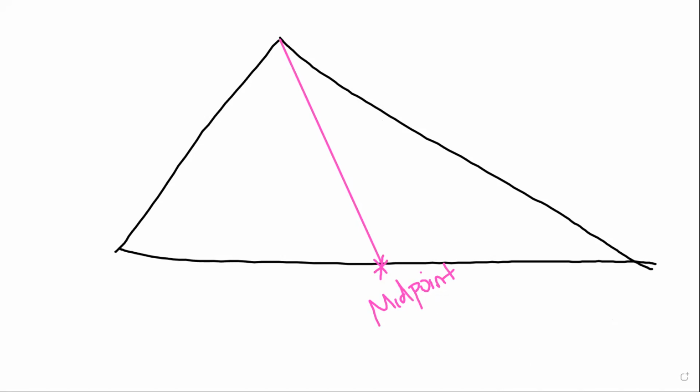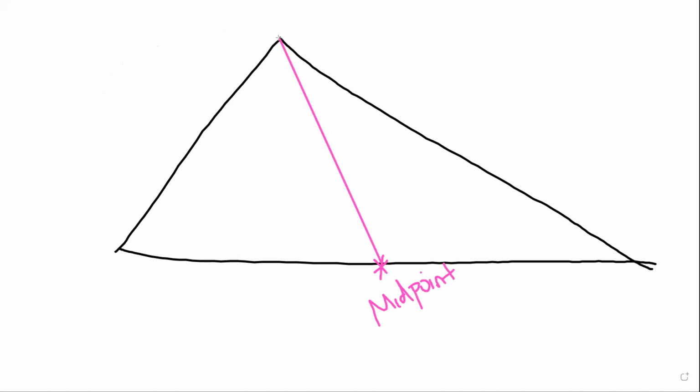Now let's talk about the altitude. The altitude says, I am a perpendicular segment. So when I come, I mustn't go to this side or to this side or up. No, I must be perpendicular.